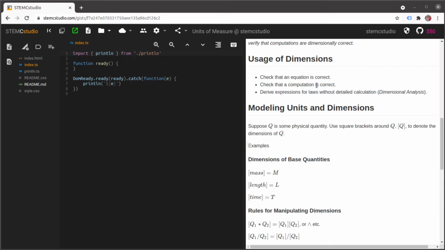We can also check that our equations are correct by comparing both sides of our equation. We expect our equations to be what we call homogeneous, which is that both sides of the equation produce the same dimension quantity. And finally, we can use dimensions to derive expressions for laws without using detailed calculation.